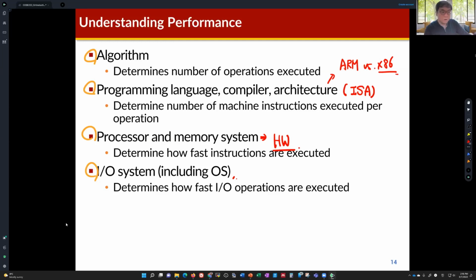That means this slow network speed determines the entire performance of our smartphone systems. Okay. So actually, if we consider the performance of computer systems, we need to consider these different factors, such as algorithms, software, the programming language, compiler, and hardware and I/O systems. Okay.